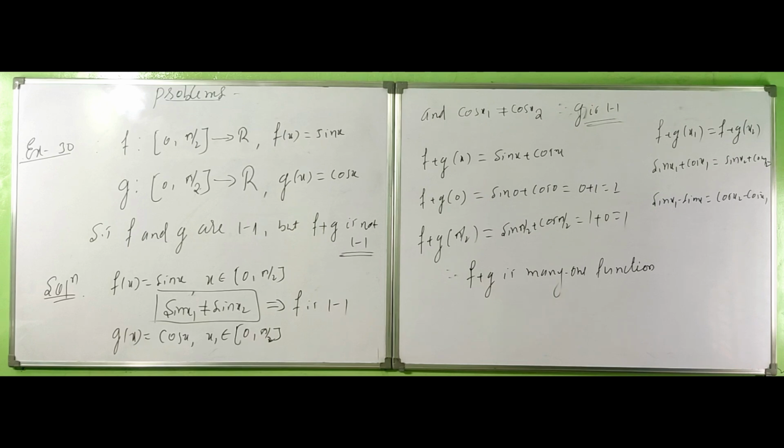Can I do something here? Not possible, no? Sin x1 minus sin x2, cos x2 minus cos x1, sin square x2 minus sin square x1. That's not possible, no? Let it be.